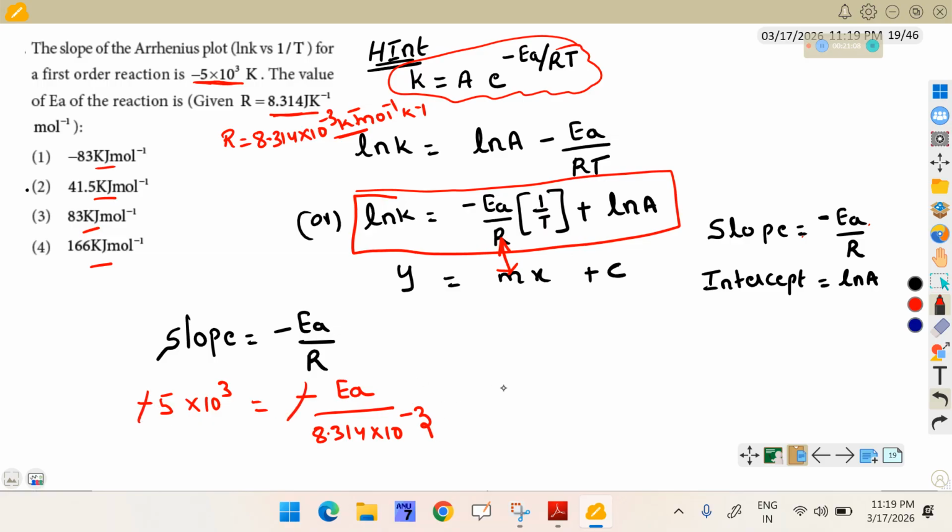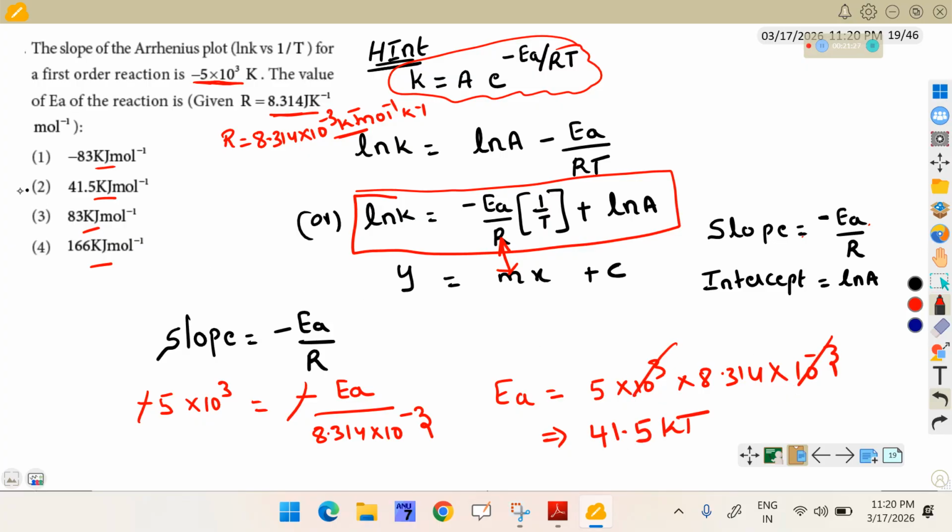Negative cancels. Ea is 5 into 10 cube into 8.314 into 10 power minus 3. Simplify, then you will get nearly 41.5 kilojoules. So the second option is the correct option.